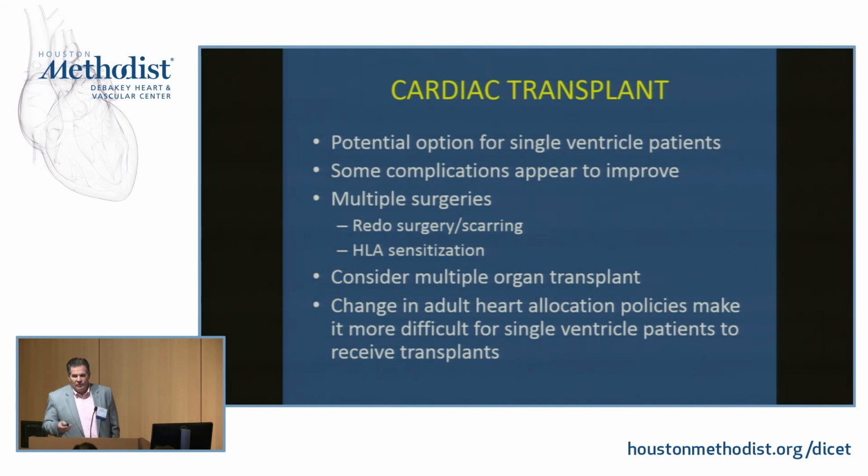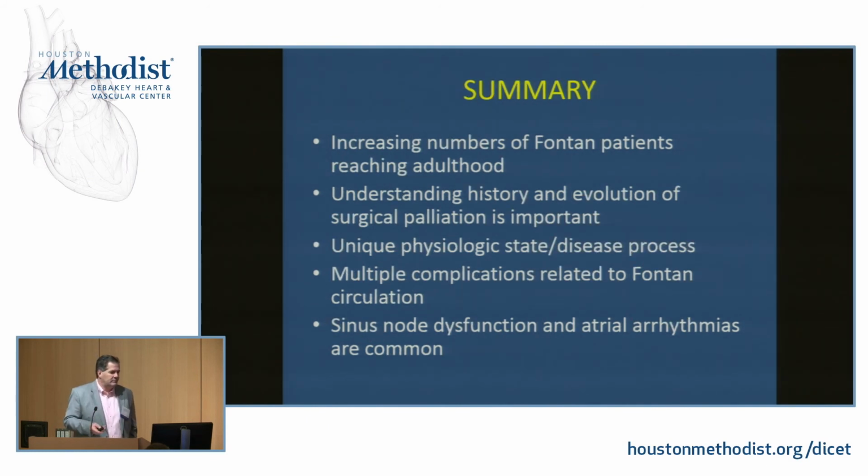We need to consider multiple organ transplant if necessary, liver, kidney. Changes that have occurred in adult heart allocation policies are going to make it more difficult for single ventricle patients to receive transplants in the future. That may be something we want to look into more as far as advocating for our patients.